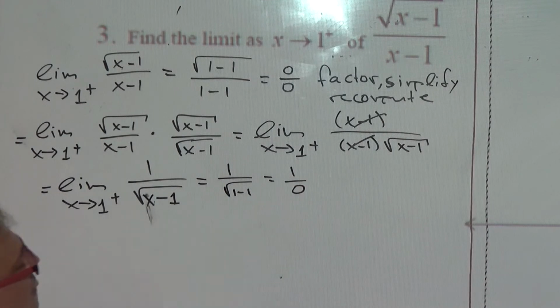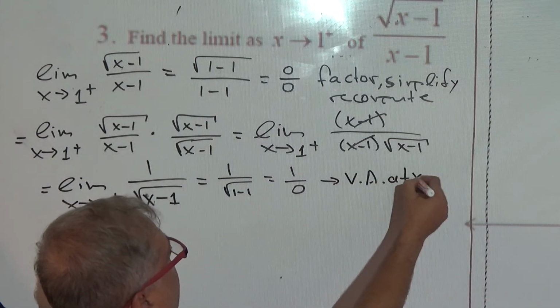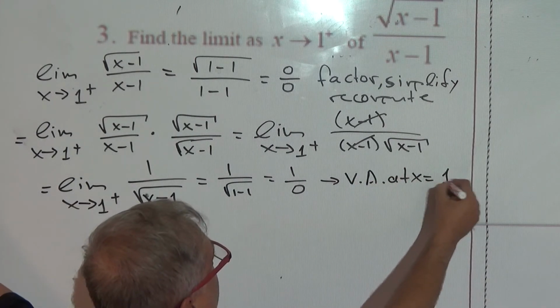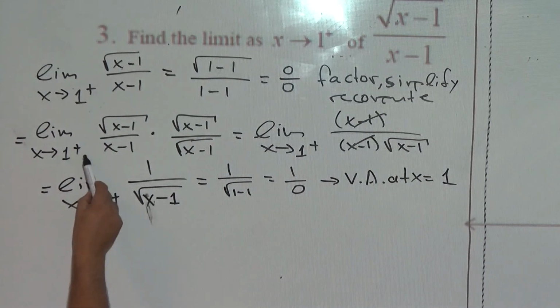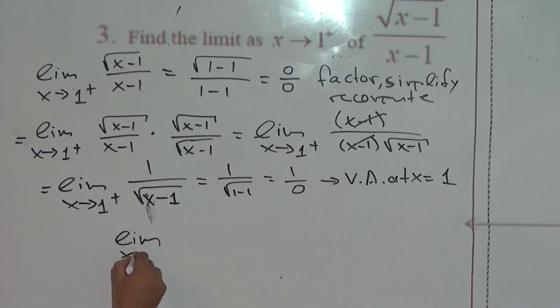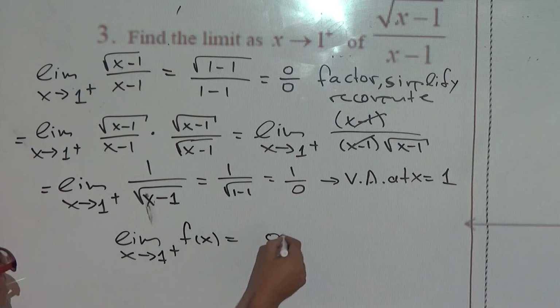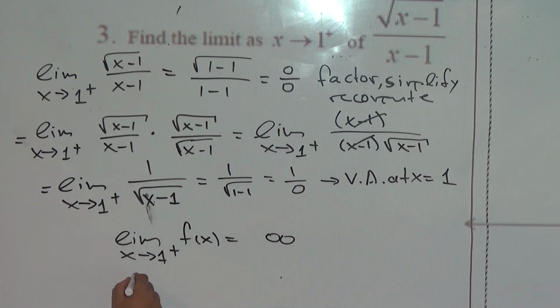Then I substitute back in, so I get 1 over square root of 1 - 1, which is 1 over 0. So what's the conclusion here? Not a hole, but a vertical asymptote at x equals 1. And because I'm doing only the limit from the right, I'll have to study the side limit as x goes to 1 from the right of f of x. I know this is going to be infinity, I just need the sign, so I take a point on the right, which is 1.1, and I check the sign.